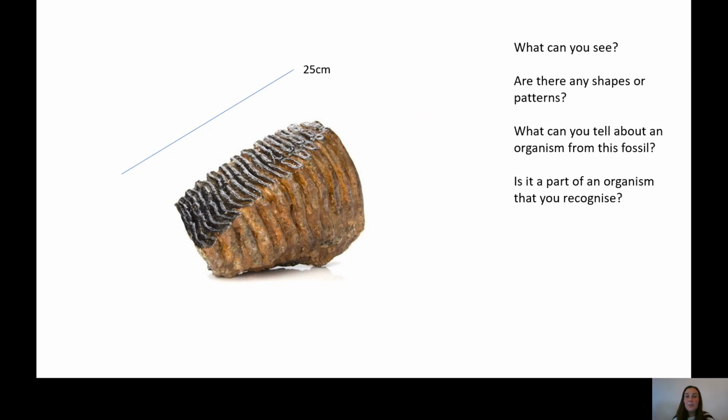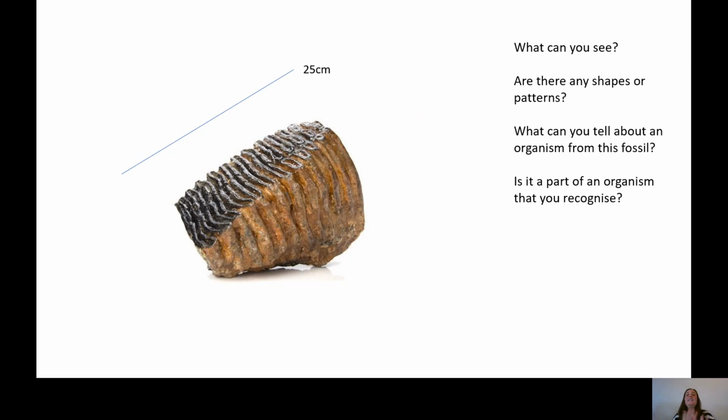So, for example, often when people find fossils, you don't find a full fossil of a skeleton. You might just find a part of it. So you might find an animal's fossilised ear, for example, the bones from just the ear of the animal, or you might find the stalk from a plant.